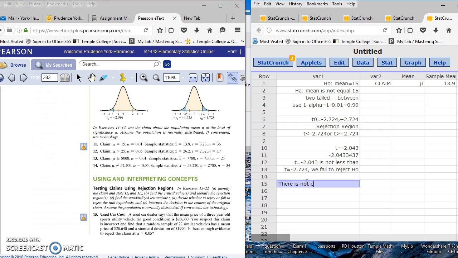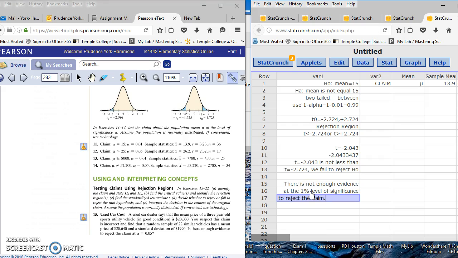There is not enough evidence at the 1%. Remember, alpha was 0.01, that's 1% level of significance to reject the claim.